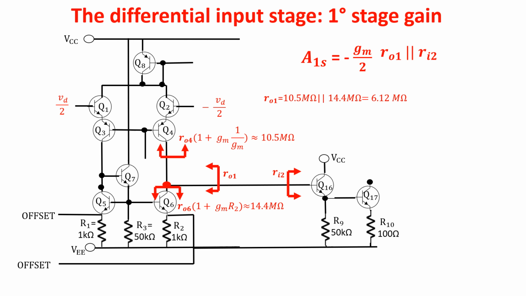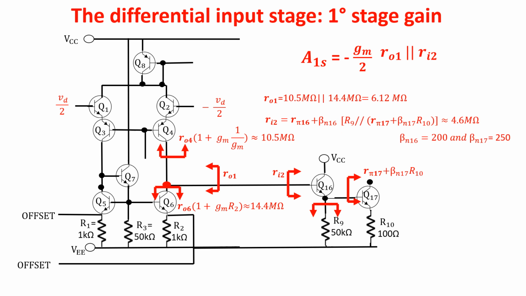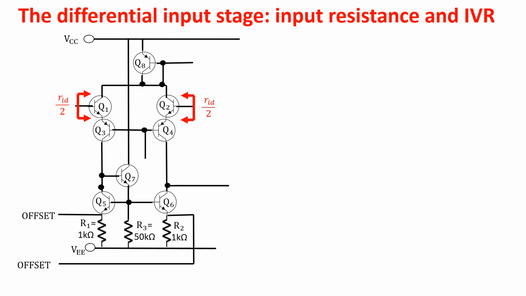The second stage input resistance is the resistance seen into the base of Q16, so it is R pi 16 plus beta 16 times the parallel of R9 and the resistance seen in the base of Q17. So the first stage gain is more or less this. Now we find the input resistance, always assuming that this point is an AC virtual ground. In this case, half resistance is this, so the total input resistance is this one here.